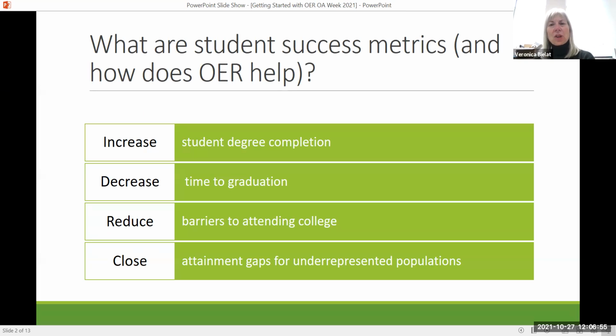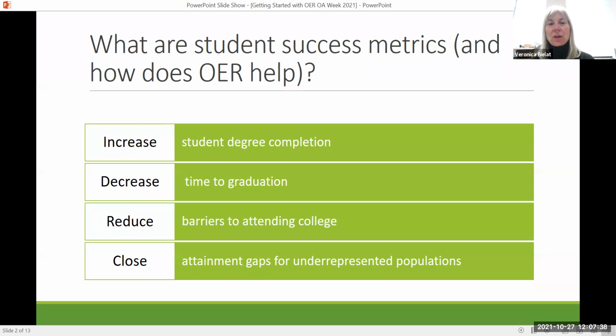So the first thing I wanted to talk about is just in general, what are student success metrics? And there is a real push now, not just from the national level for especially institutions, public institutions of higher education, to demonstrate that they are supporting student success, but it's also an important issue related to equity, to make sure that all students who enter our public institutions have an opportunity to complete their degree successfully and move on with career and being able to successfully live their lives.